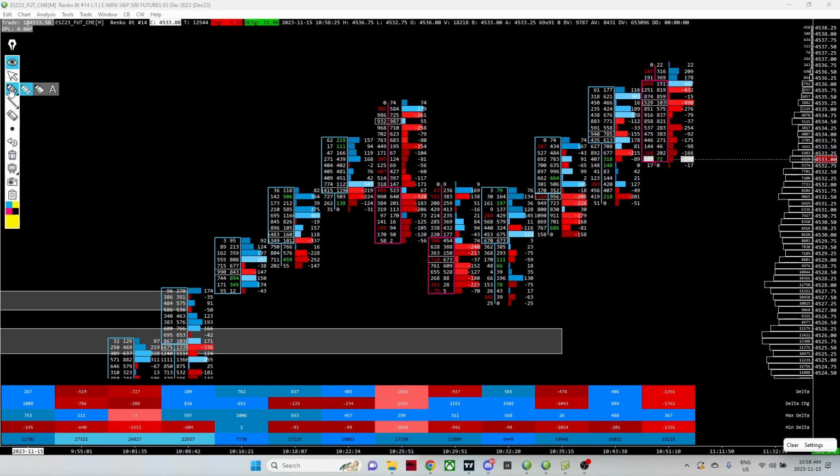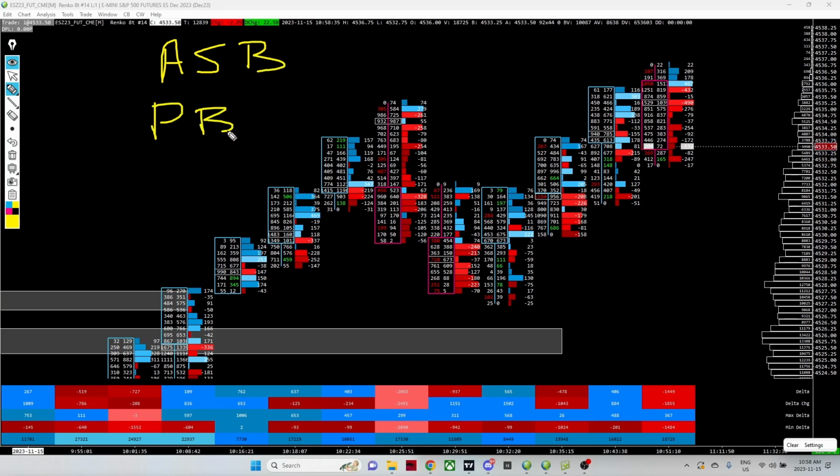Okay, what's the inverse of this? The inverse of this is aggressive sellers at the bid and passive buyers at the bid. If I'm trying to short the market right here and the bid is sitting at 45.33.25 and I hit market short, I'm going to sell the 45.33.25s.